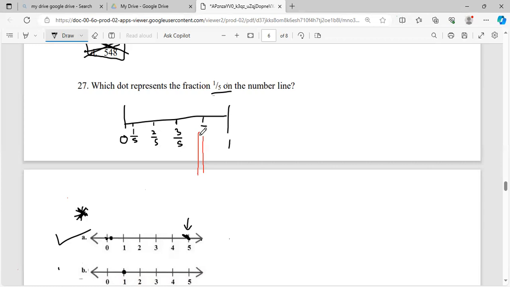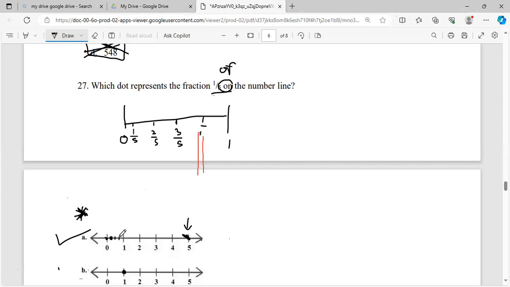Yeah, but they didn't say off, they said on. So basically, on is different from off. On means you have to find the 1/5 on the number line. So you have this 1/5, this 2/5, this 3/5.